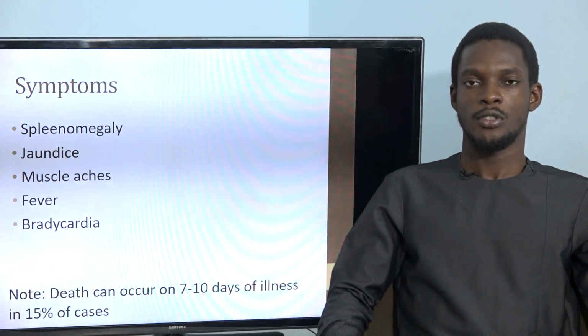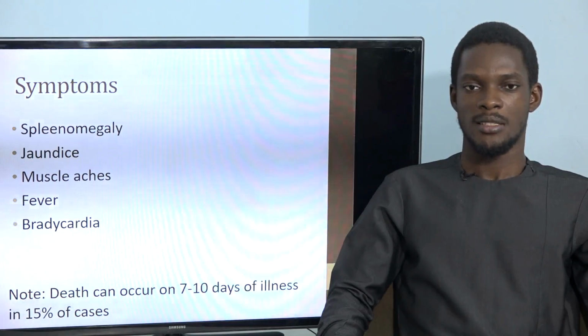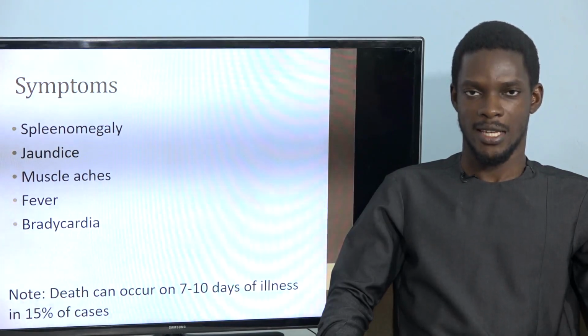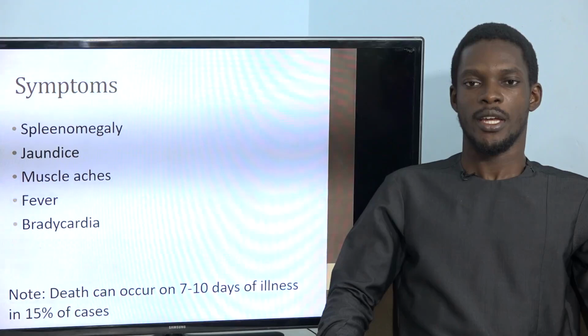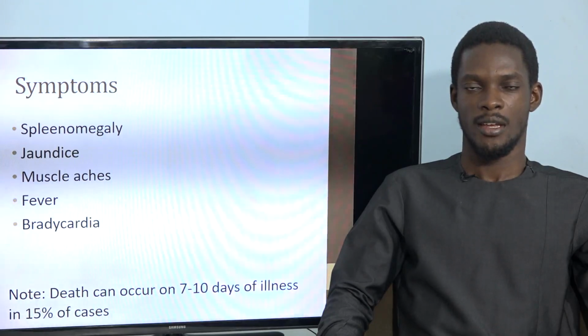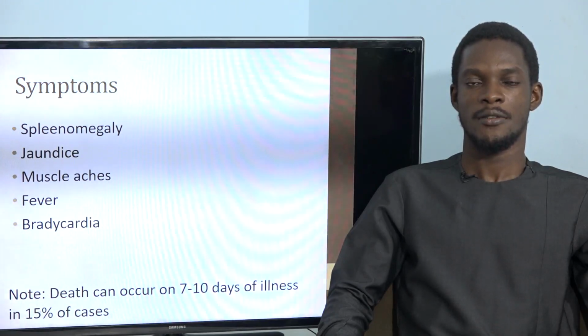You also have jaundice, muscle aches, fever, and bradycardia. Note that death can occur 7 to 10 days after the illness has initially occurred, and the mortality rate is 15%.